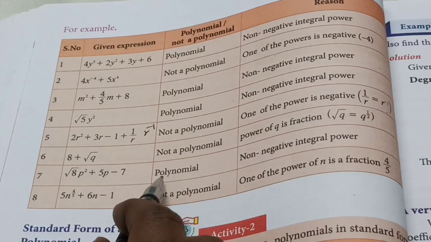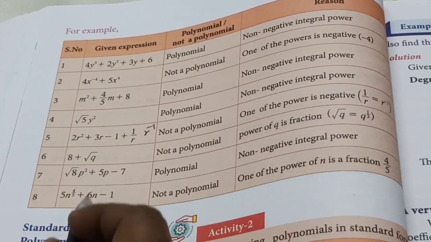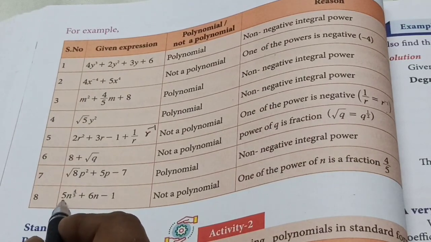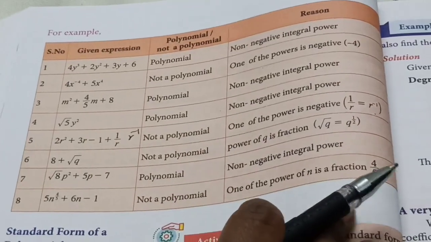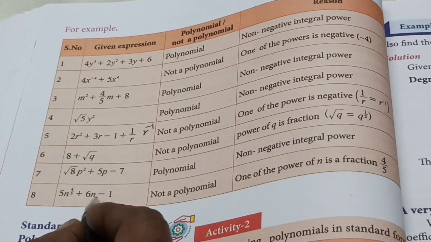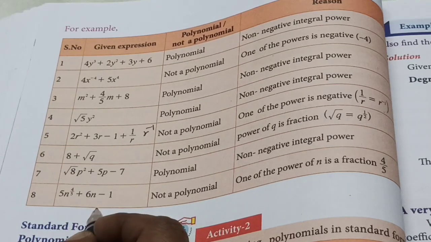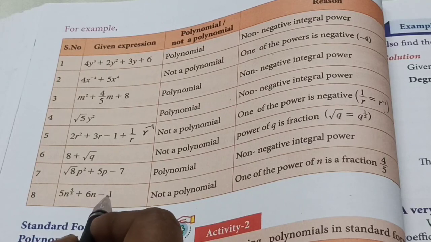Okay, so it is a polynomial, non-negative integral power. Okay, next one, 5 into n power 4 by 5 plus 6n minus 1. Okay, check it. Is it a polynomial or not a polynomial?